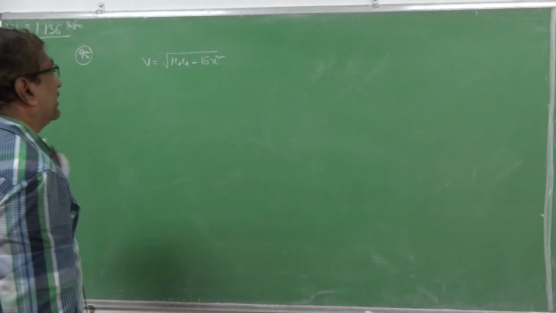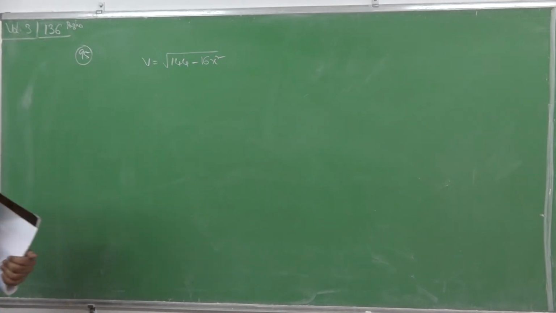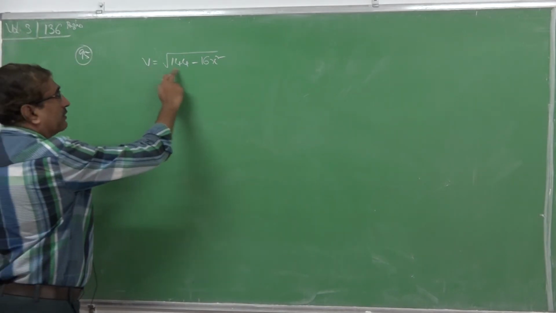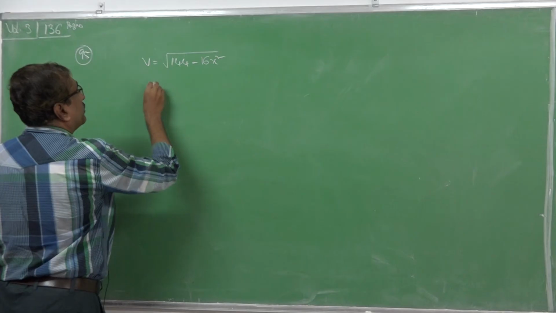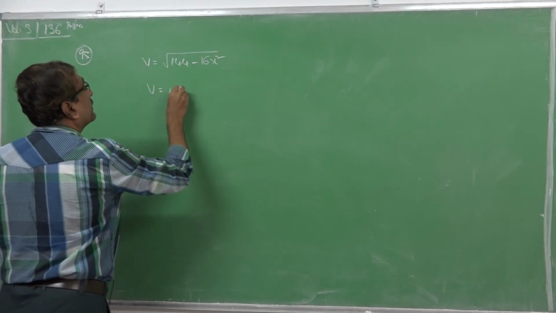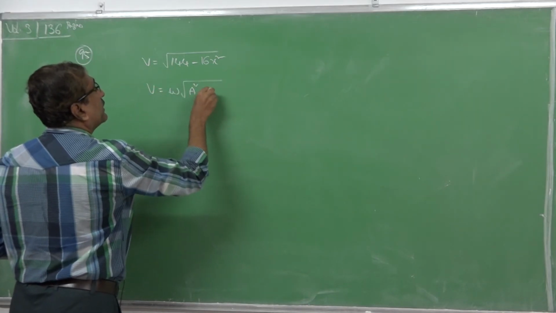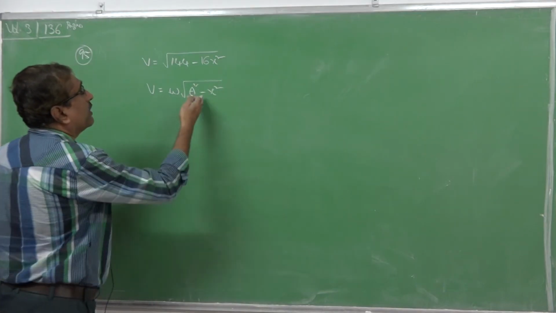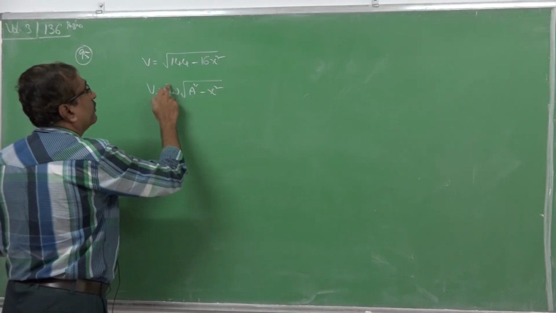The maximum acceleration is, okay. So velocity is given by this equation. Actually, velocity is equal to omega times square root of A square minus x square. Now, comparing these two equations, we don't have any omega.